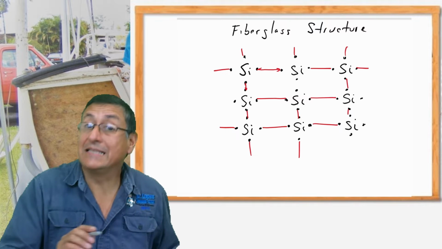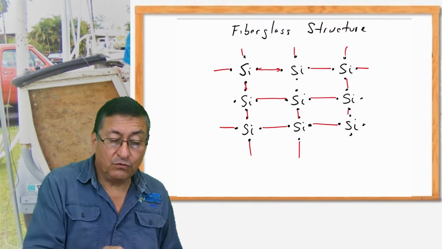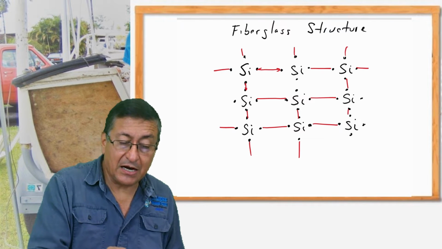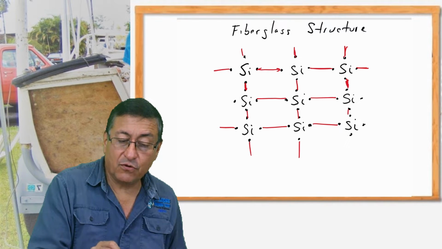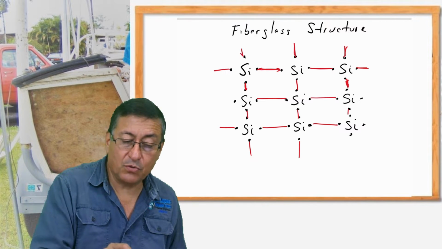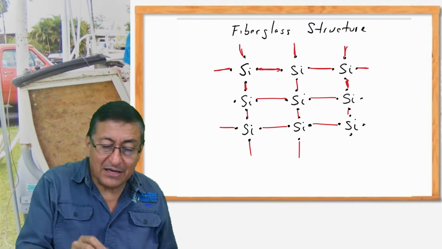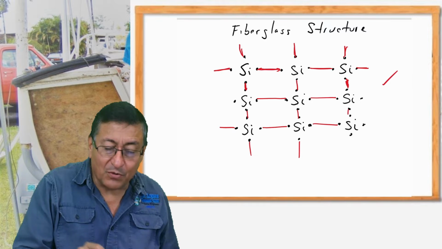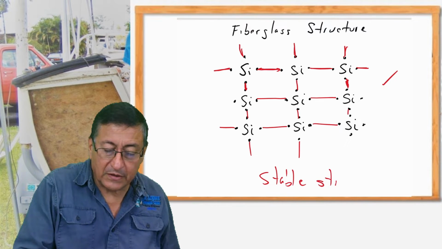They are silica elements with 4 electrons in the last orbit, and those 4 electrons are related with the other 4 elements of the next neighbor silica, producing a strong structure. This structure is completely stable. This is a stable structure.